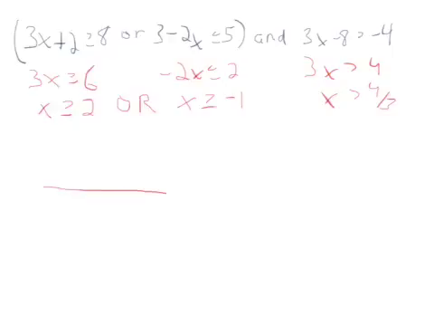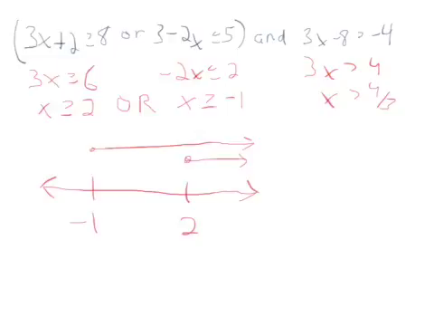Now if I just look at this part, and see what would my solution be. So I want to draw myself a picture to kind of visualize what's happening. So the greater than or equal to 2 would be starting here at 2 and going to the right. Greater than or equal to negative 1 would start here at negative 1 and go to the right. Now it's an OR statement, meaning I'm going to graph every possible solution.